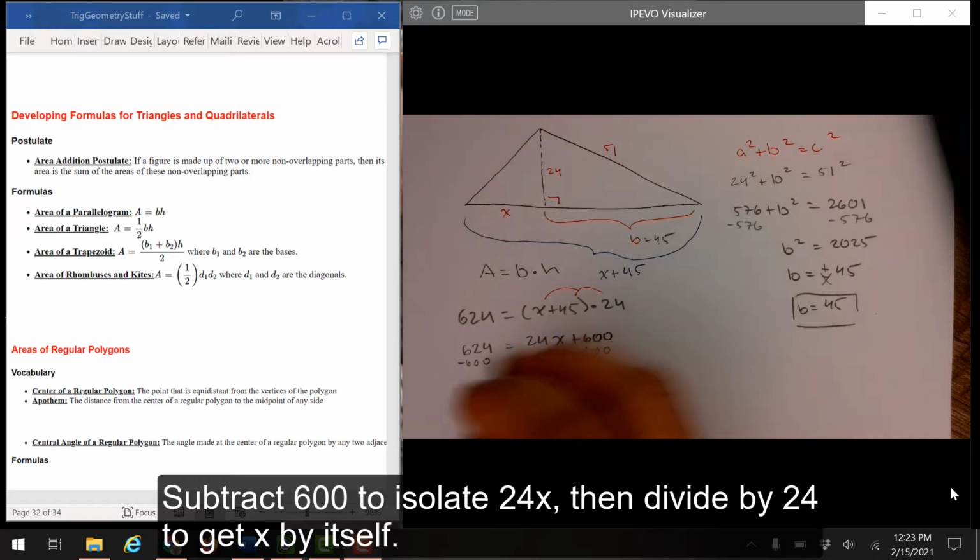Subtract 600 to isolate 24x, then divide by 24 to get x by itself.